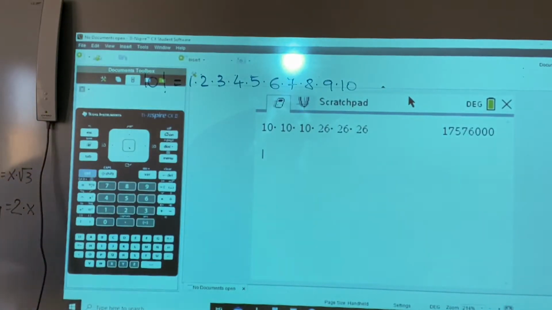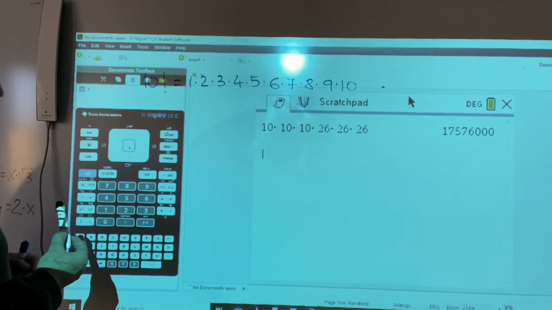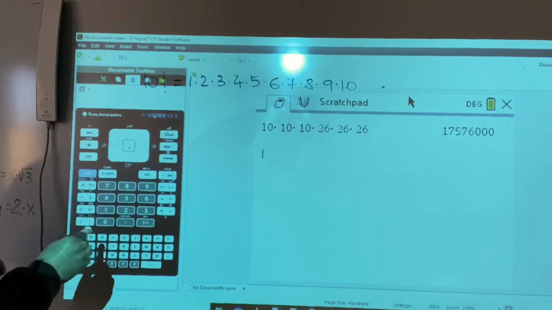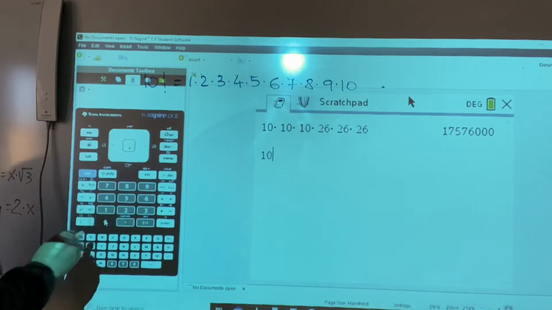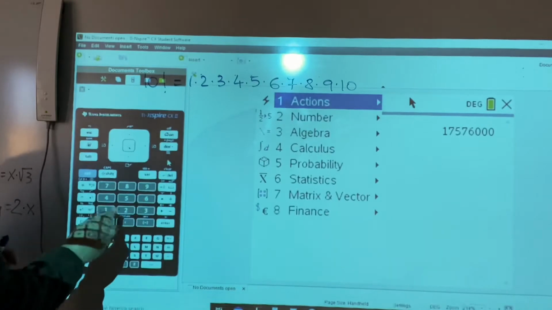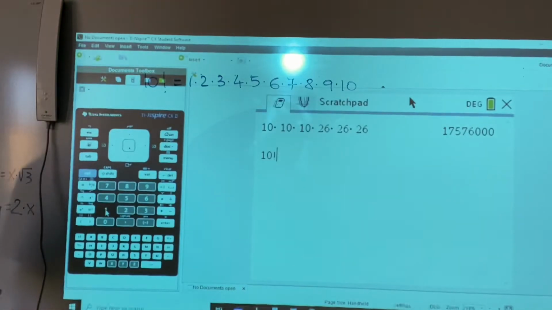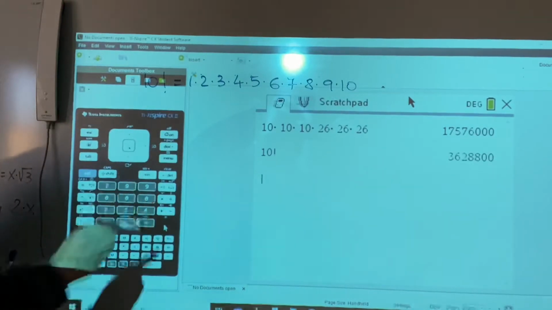It's really easy. To find the factorial of a number, we have to type the number first, which is 10 in our case. And now, we press menu, 5, 1, and then you hit enter.